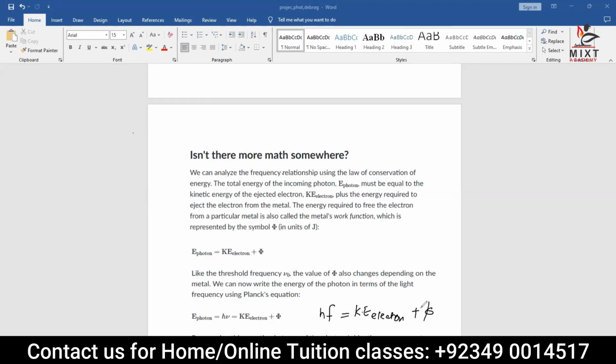Again, what is phi? Phi is the minimum energy required to actually knock out the electrons. Once the electrons start knocking off, they must have a kinetic energy with them as well. So these two energies add to give you the energy of the photon. If your photon energy is less than that combination, then that energy will be unable to knock out the electrons from the metal, or at least HF should be equal to the work function.